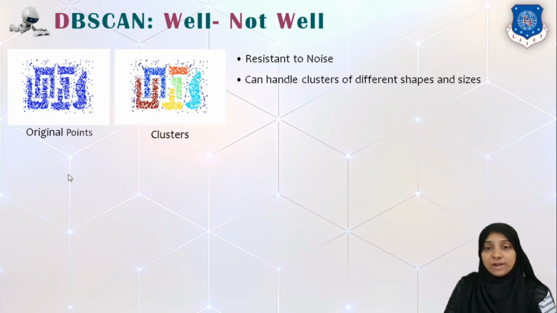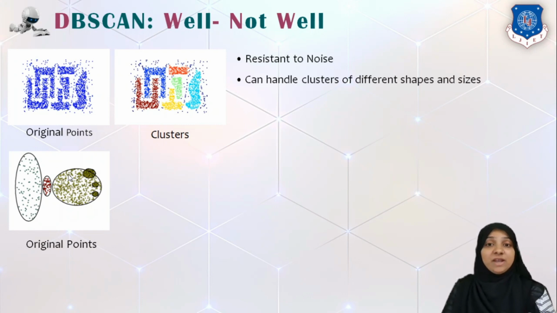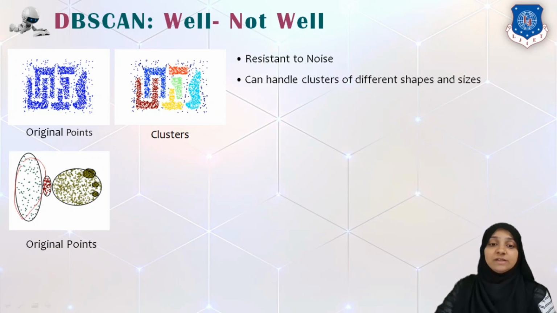The point to be noted here is that DBSCAN is resistant to noise or outliers and it can handle clusters of different arbitrary shapes and sizes. But DBSCAN fails where, as you can see in another image, the density of each cluster is different. The first cluster, of oval shape, is very sparse, whereas these are the more dense regions, and they are spatially separated.